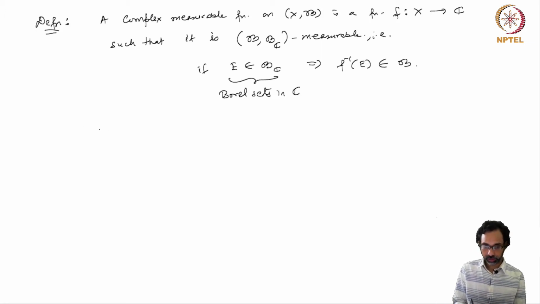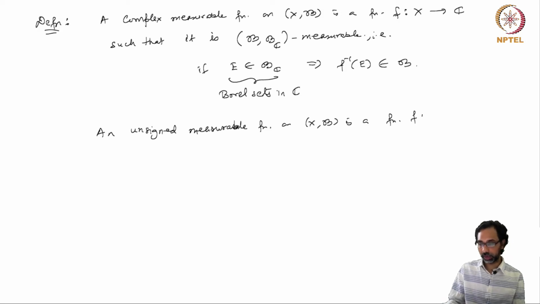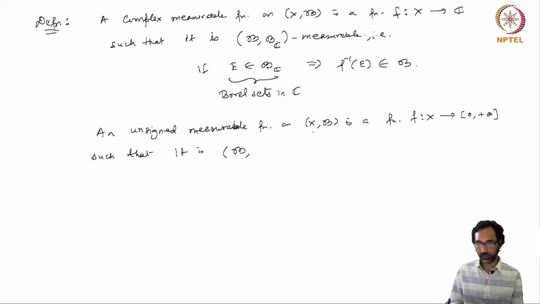Similarly, an unsigned measurable function on (X, B) is a function again from X, but this time it takes non-negative extended real numbers, such that it is again B-measurable for B on X, and again you take the Borel sigma algebra for Borel subsets of the non-negative extended reals.